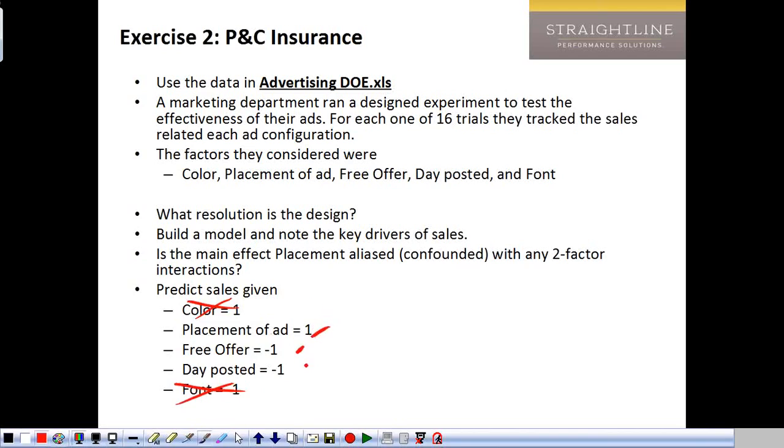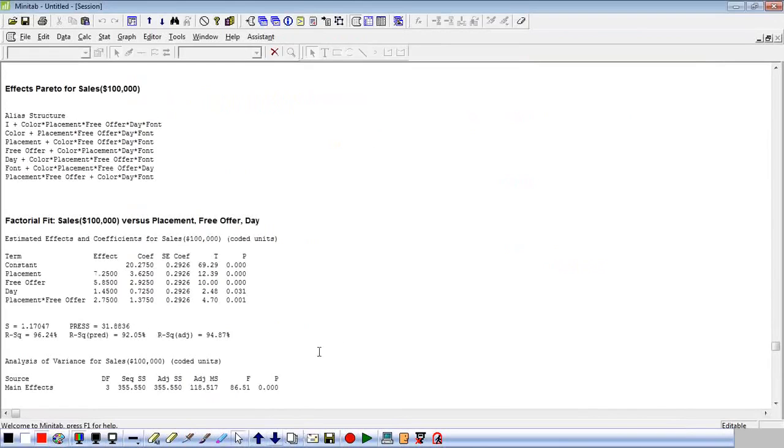We only care about these, and we plug these 1, -1, and -1 into our model. I need to go to Minitab, I think. So, placement is a 1, free offer is a -1, day is a -1. You can plug that in and get our answer.